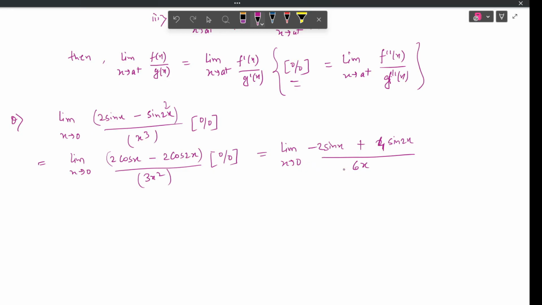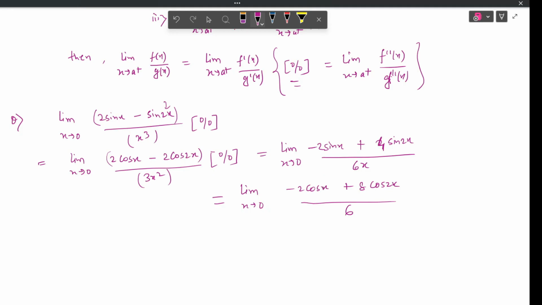If we put 0, again it is a 0 by 0 form, so you have to differentiate it again. So it will be the limit as x tends to 0 of minus cos x plus 8 cos 2x: the derivative of sin 2x will be cos 2x, and when it differentiates 2 will come outside, so 4 into 2 is 8, by 6.